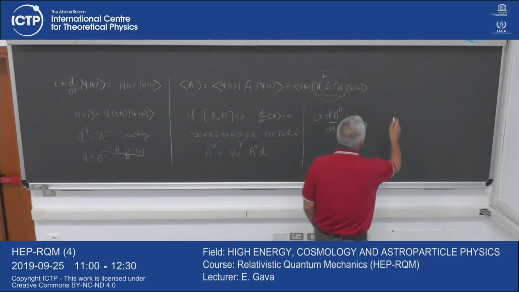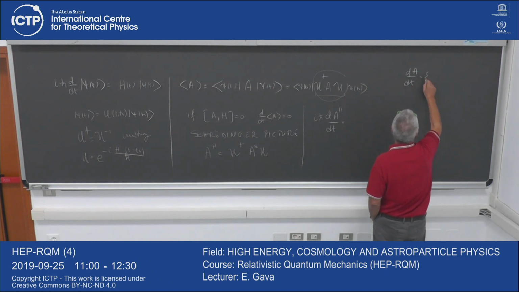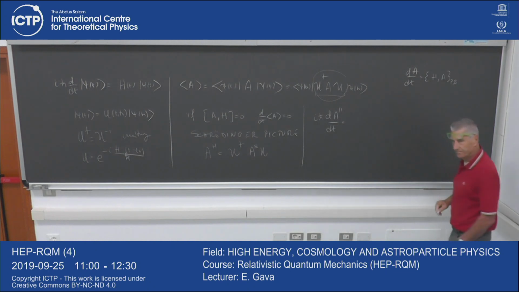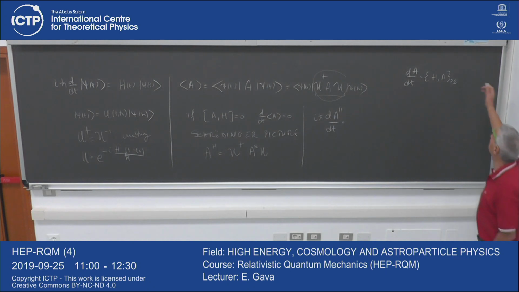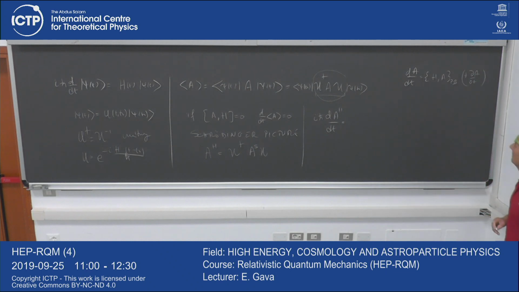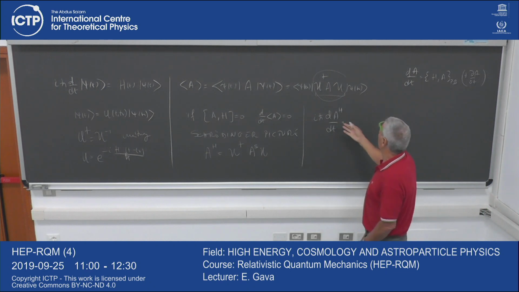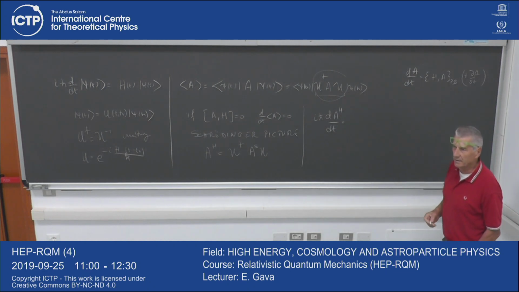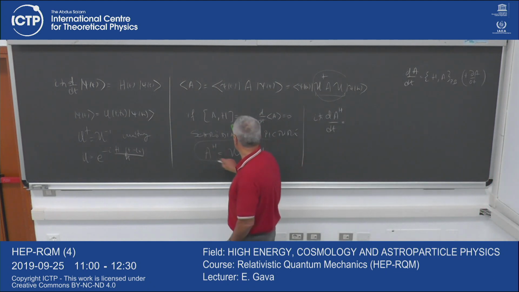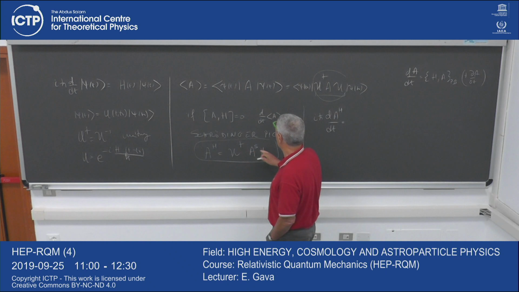Remember, in classical mechanics we said dA/dt is the Poisson bracket of H and A, plus possibly dA/dt explicitly. How can we derive a differential equation for the Heisenberg picture operator? Just from this, because we act with the time derivative on the various terms here.